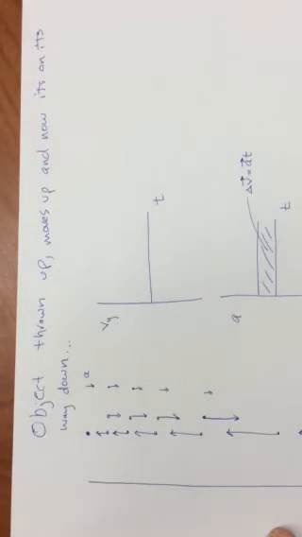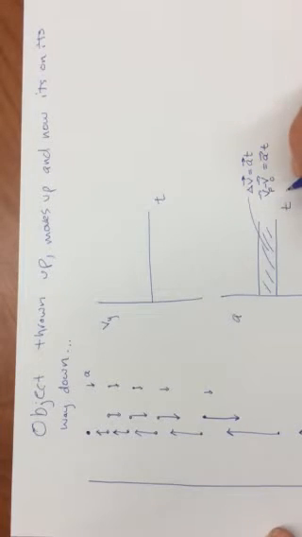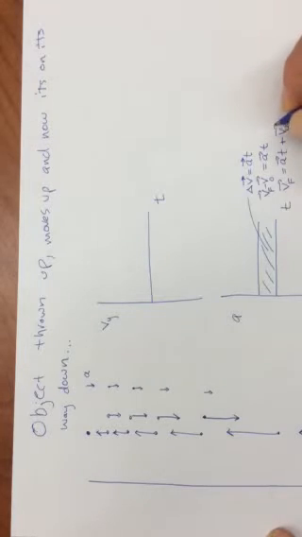And this is a vector relationship. Change in velocity is a vector because velocity is a vector. Final velocity minus beginning velocity gives me my change. And final velocity, therefore, is a vector equal to my acceleration times time vector plus my initial velocity vector.